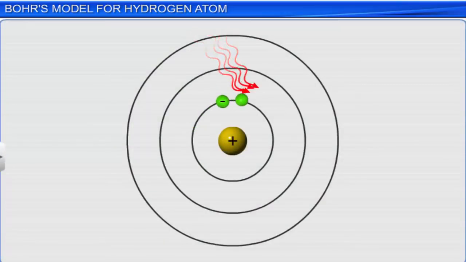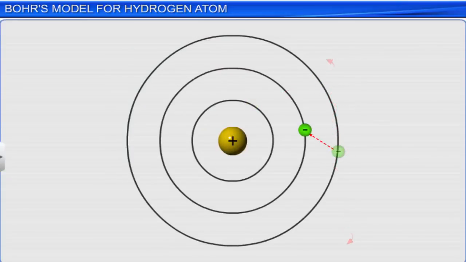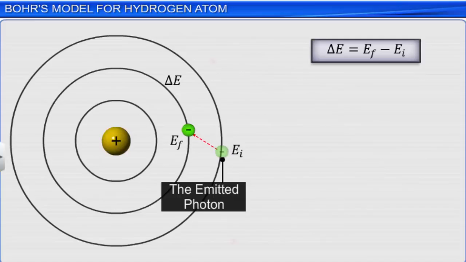According to the second postulate of Bohr's model, the energy gap between the two orbits is given by the equation delta E equals E final minus E initial.